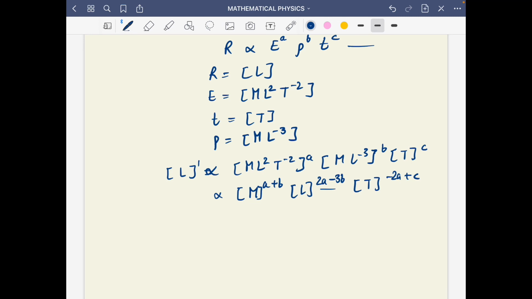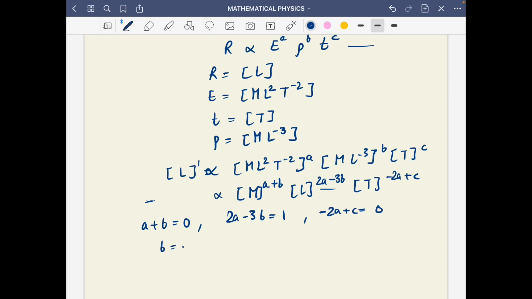So we will equate these equations, and a plus b is 0, since there is no term of M on the left hand side, and there is no term of T also. So the equations will be as follows: a plus b is equal to 0, 2a minus 3b is equal to 1, and minus 2a plus c is equal to 0, right?